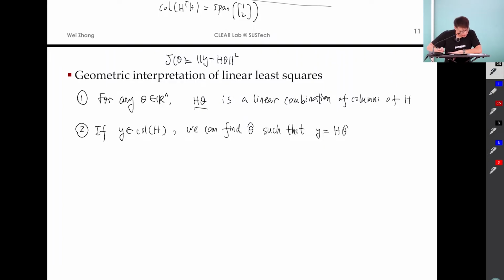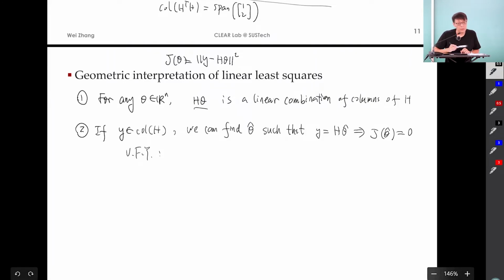And in this case, J of theta hat should be 0. If I plug in this theta hat, of course y equals H theta hat, then that will be 0.